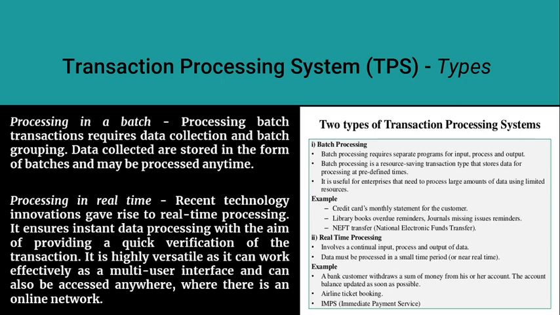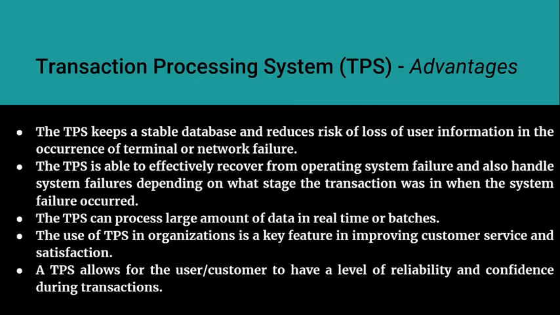Now the next area we are going to see is the benefits or the advantages of this transaction processing system. Let us see it one by one. Now this transaction processing system keeps a stable database and reduces the risk of loss of user information in the occurrence of a terminal or a network failure.